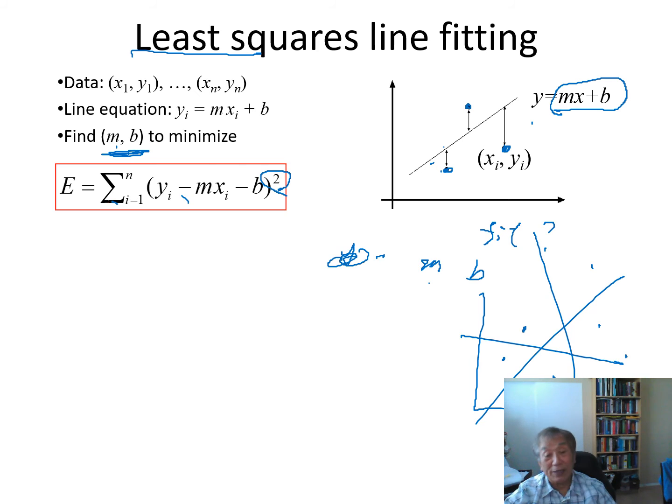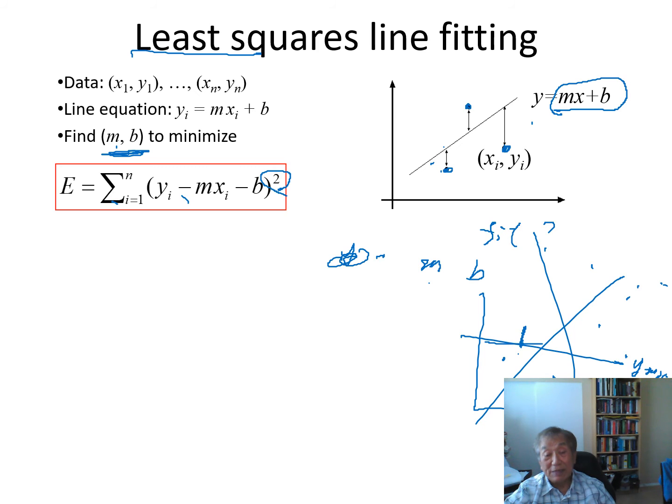So the best way is to say, okay, this is the one: y equals m1 x plus b1, then m2, b2, like that, whatever the values may be. Of course, we don't know them, so we do it randomly. But the idea is about this distance.